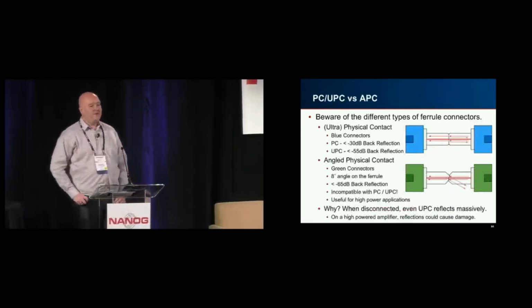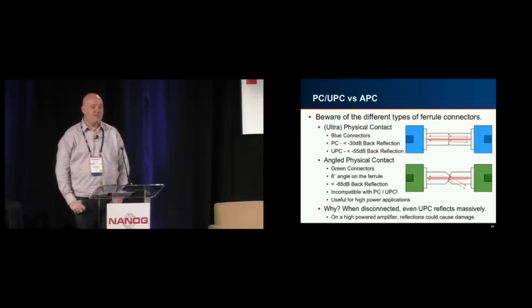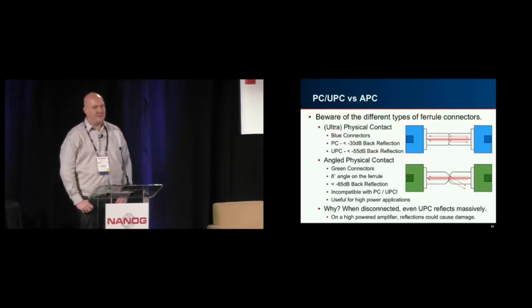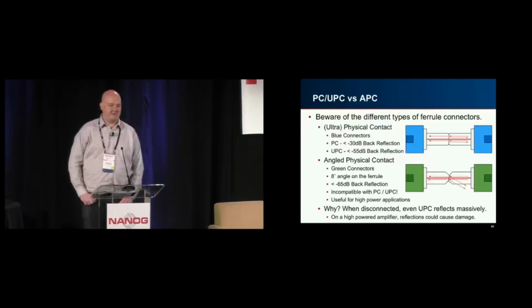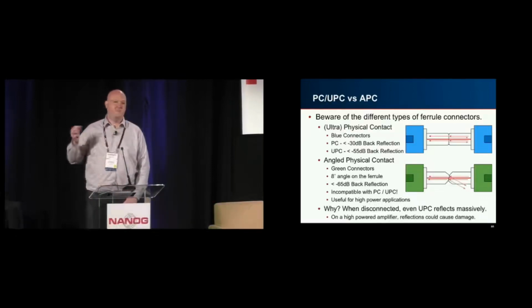One thing you'll encounter in the world is different types of connectors, the PC and the UPC versus the APC. These are different types of ferrule connectors. The physical contact or the ultra physical contact, you'll sometimes hear it called polished contact, but it's actually physical, are the blue-tipped fibers.